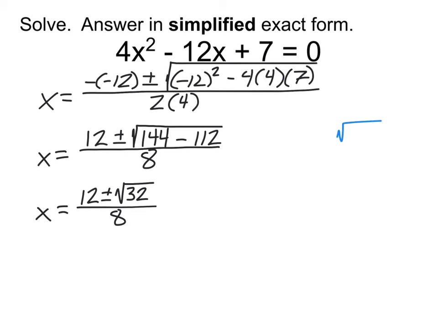So the square root of 32, remember you can either break it up with the factor tree into its prime factors and circle pairs, or look for the biggest perfect square that goes into it. Now for me, I look at 32 and I know pretty quickly what the biggest perfect square is because I've done a lot of practice with them.